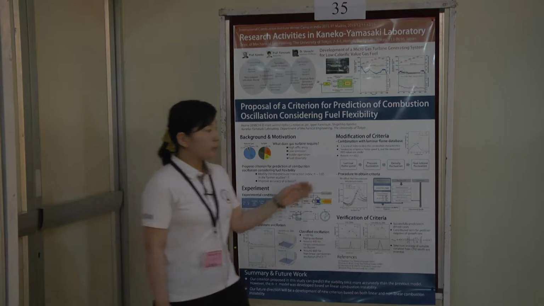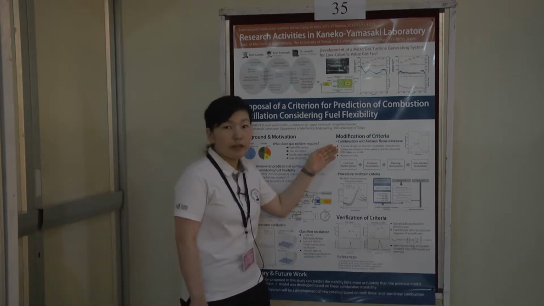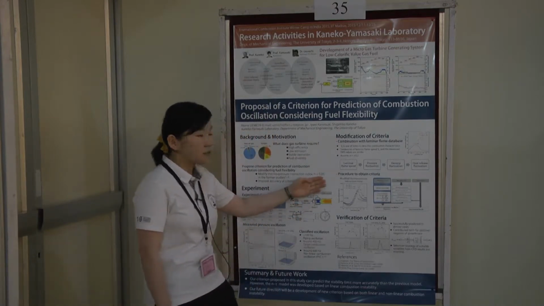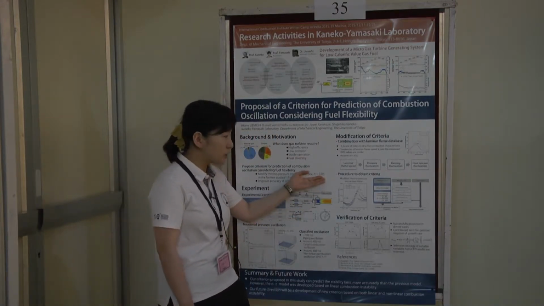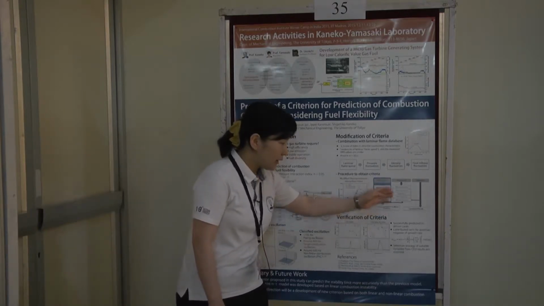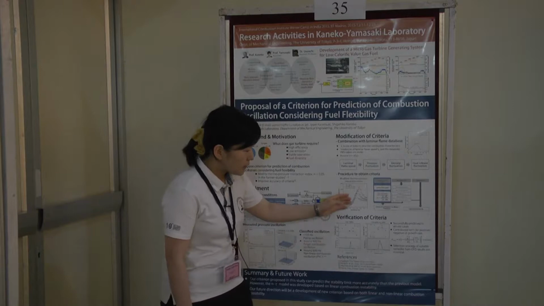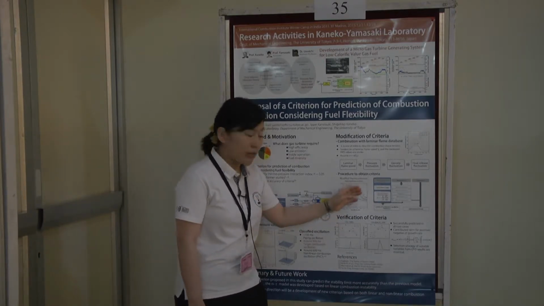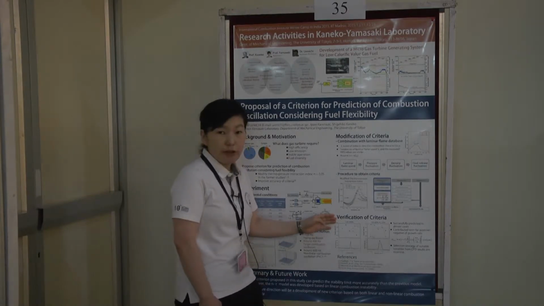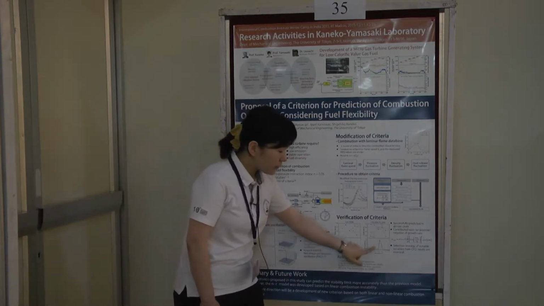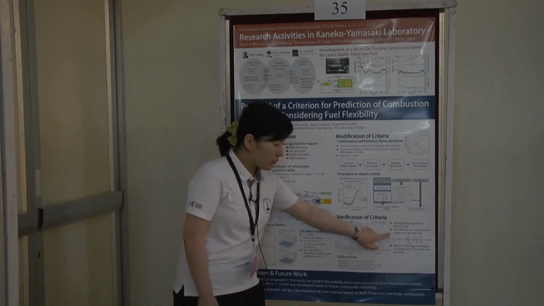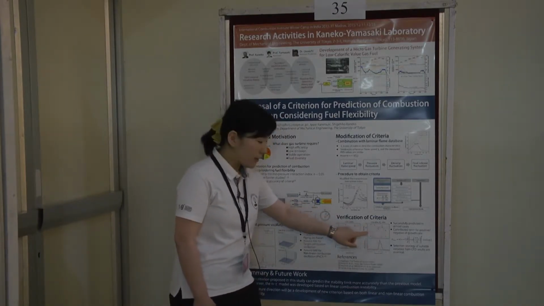And then we modify the n-term model criteria with n, which is a constant value in previous research, and we got the modified n model like this. And this is a result of calculation of n, and this is a verification of the criteria. Here are the experimental results, and this blue point is the constant value from the previous model.